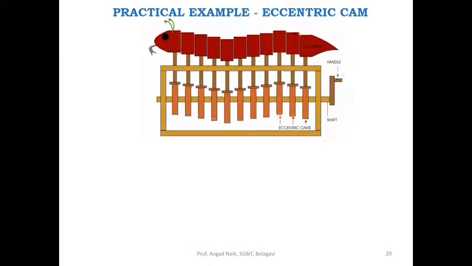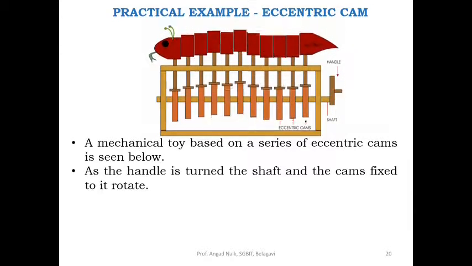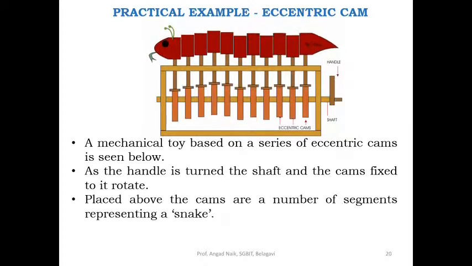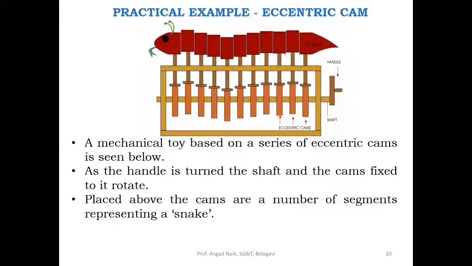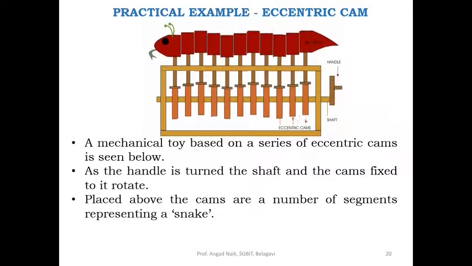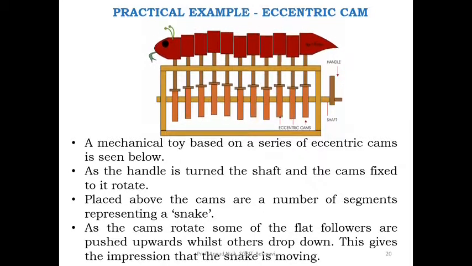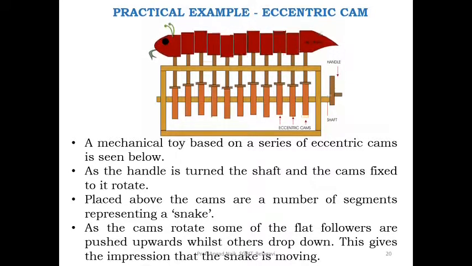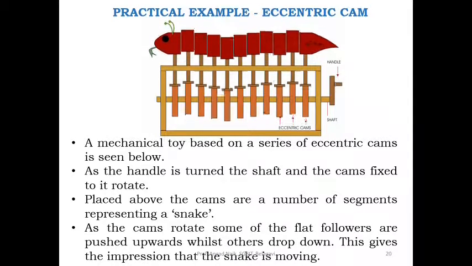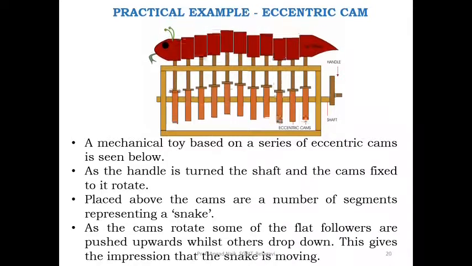As the handle is turned, the shaft and the cams fixed to it rotate. Placed above the cams are a number of segments representing a snake. As the cam rotates, some parts of the flat follower are pushed upwards while the others drop down. This gives the impression that the snake is moving.